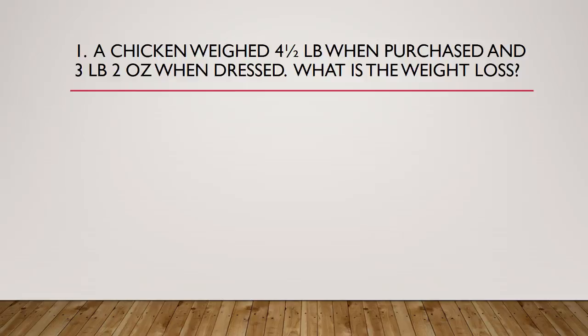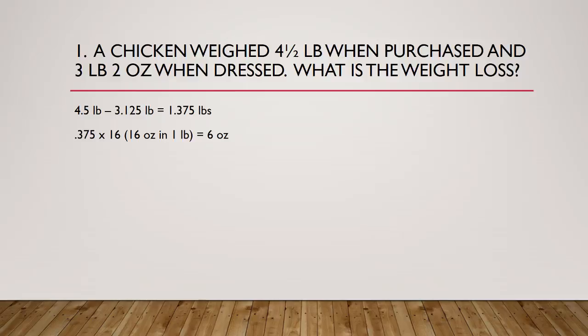So what I'm going to do is take my 4.5 pounds and convert it to its decimal equivalent, which is 4.5. I'm going to take my 3 pounds, 2 ounces, which becomes 3.125, 2 ounces divided by 16 ounces, 0.125, so that if I subtract my 3.125 pounds from my original 4.5 pounds, I'm left with 1.375 pounds.